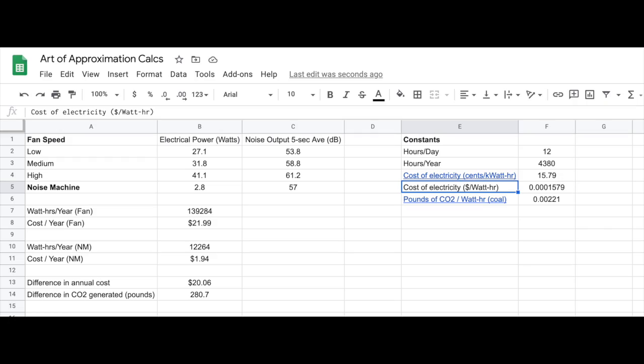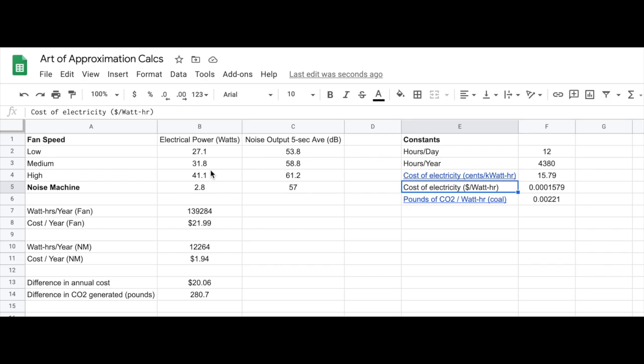Okay, so here's a spreadsheet where I was putting in all of my values as I was taking measurements. And here's the data here for the fan measurements. So I put the fan on low, medium, and high. And for each of those, I use the app, the Arduino Science Journal, to measure the sound output using the little microphone in decibels. And then I used a kilowatt meter to measure the electrical power, in watts.